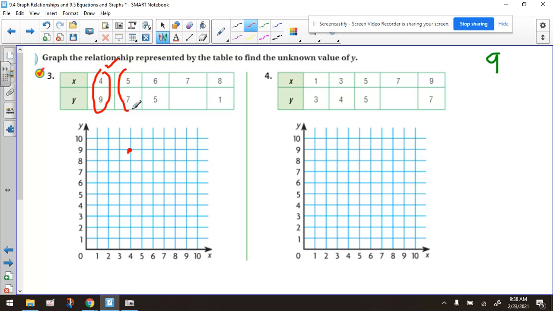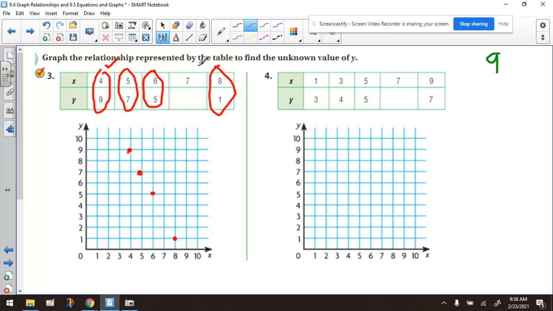That's done. We're going to go over 5 and then up 7. Over 5, up 7. Oops, went too far. It's right here. Let's plot this one. Over 6, up 5. Over 6, up 5. We're going to skip this one and come back to it. Over 8, up 1.